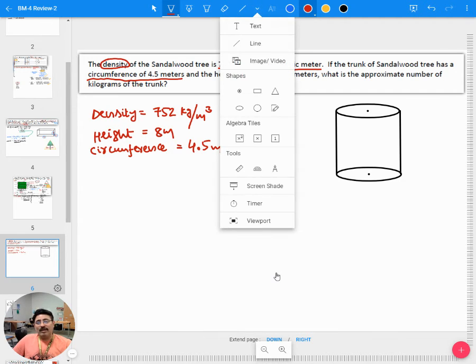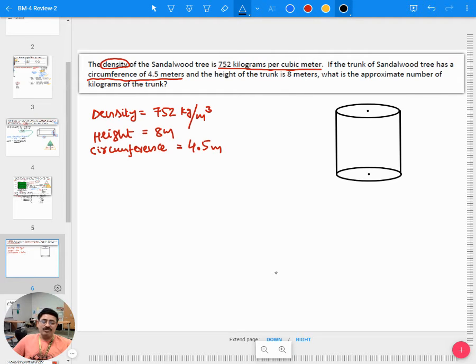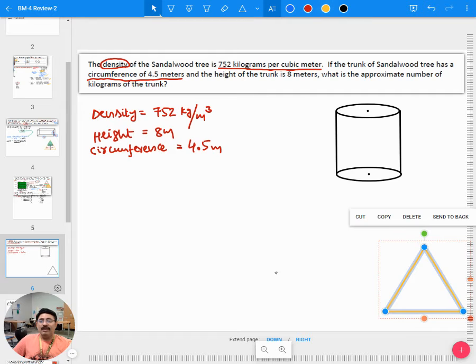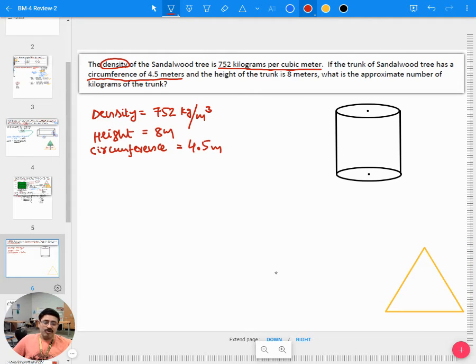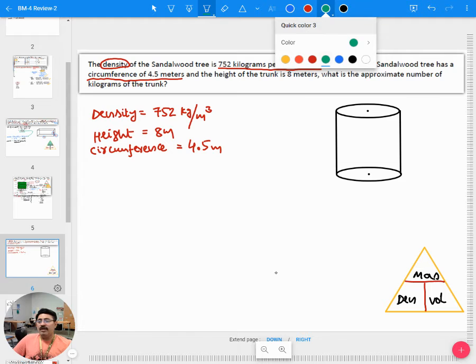So again, referring back to my magic triangle, you go for a triangle, and then inside that, you are expected to draw an English alphabet T, and then write that density equals mass per volume. Again, I see that you are asked to find how many kilograms.